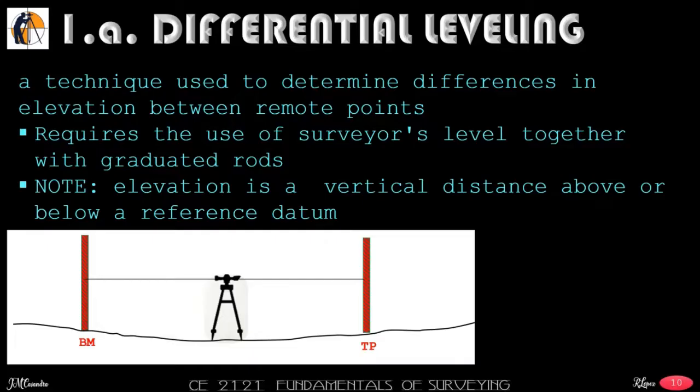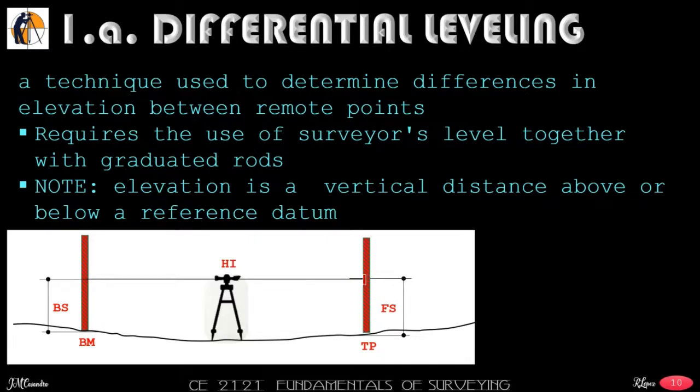Any points in between your benchmarks are called the turning point, and the height of the instrument will be measured from the center of your telescope towards your ground or towards the datum.